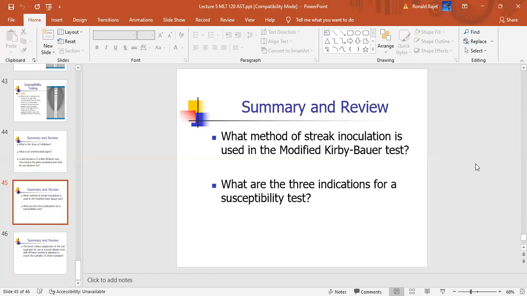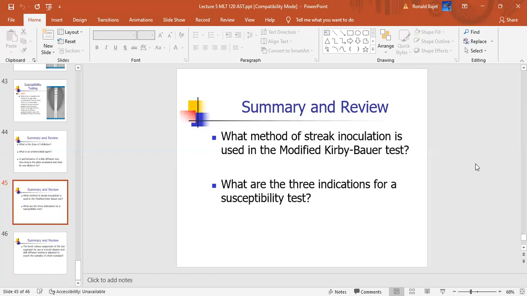CNS, or coag negative staph. That's all you can do. And the doctor will say, okay, I know what a CNS is. It's coagulase negative staph. That means it's either Staph epi or Staph saprophyticus.